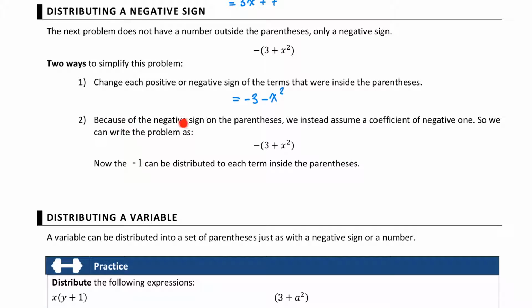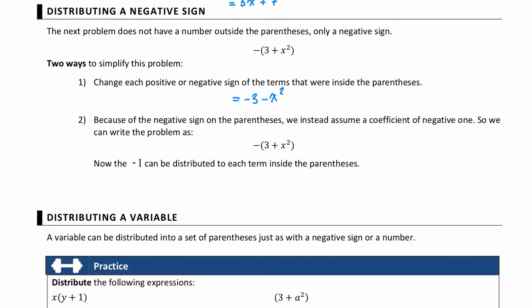Now, because of the negative sign that is left of our brackets, we can instead assume a coefficient of negative 1. So instead of the negative, we can write this as a negative 1, and we can then distribute that negative 1 to each term. So I will rewrite this.